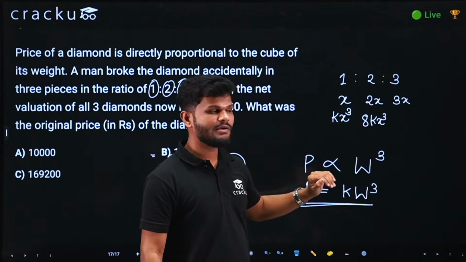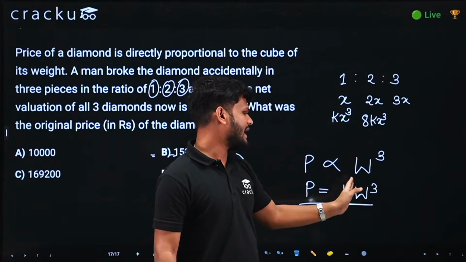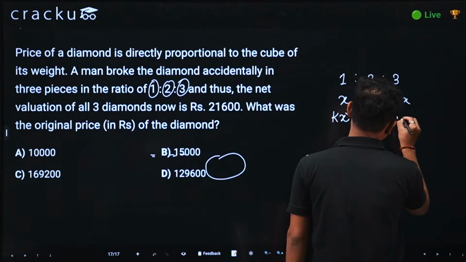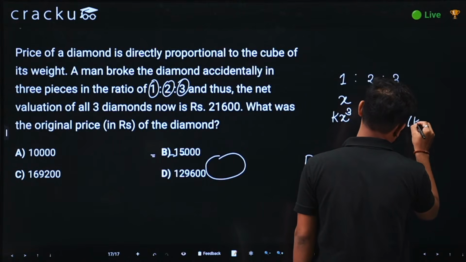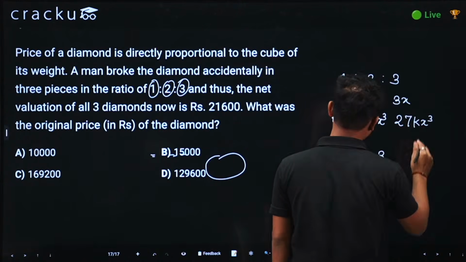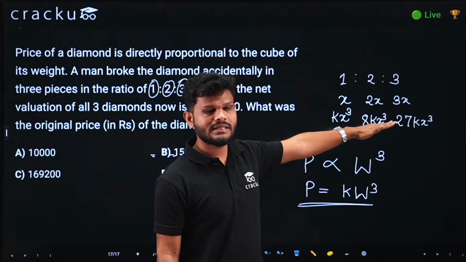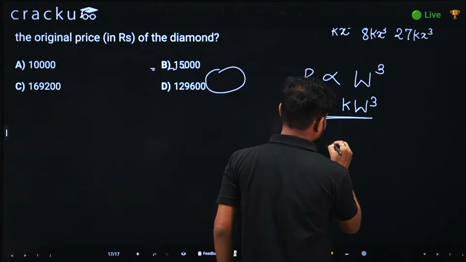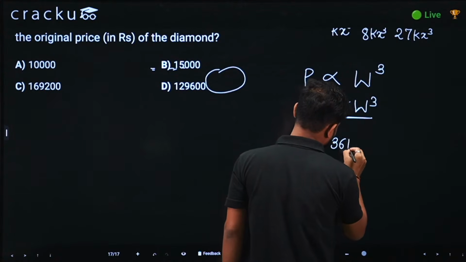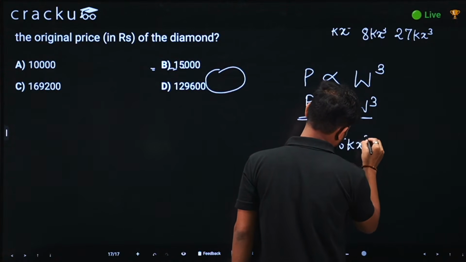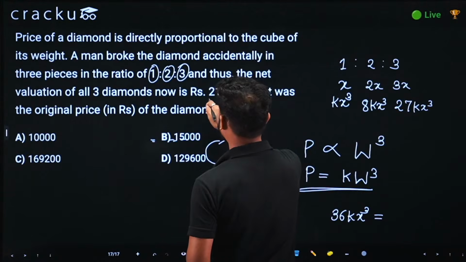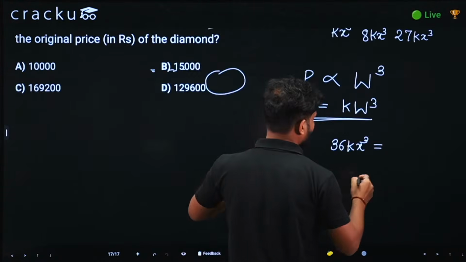So price will be k into 3x whole cube. So this will become 27kx cube, right? So if you add all these three prices, you will get 36kx cube, and this is given equal to 21,600.